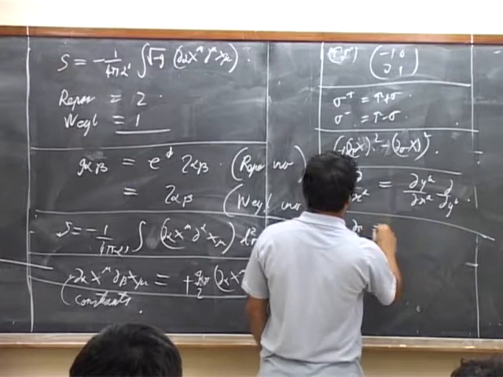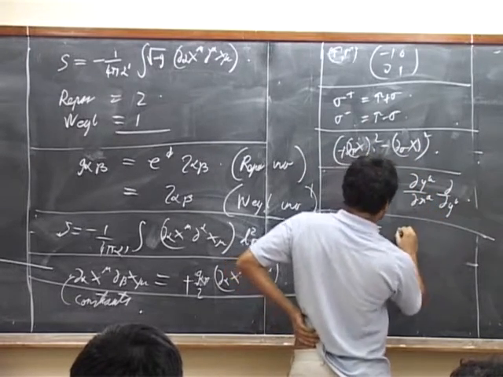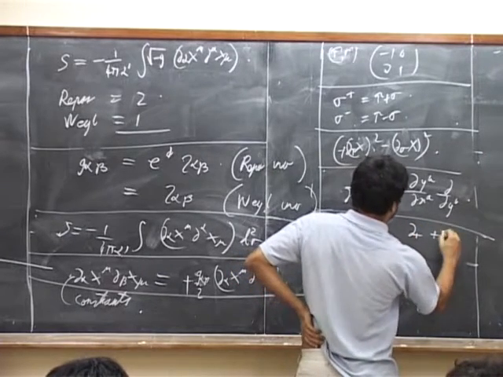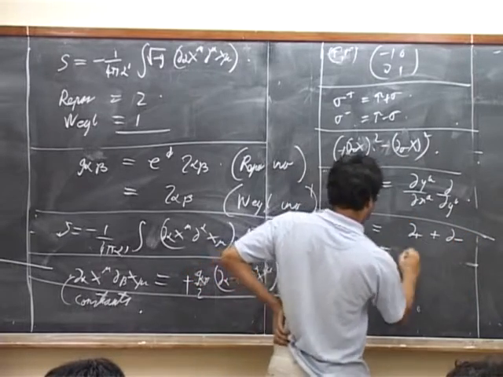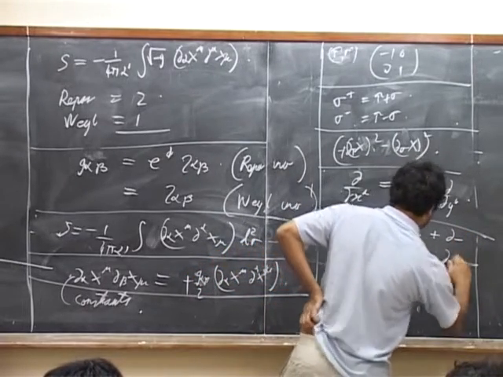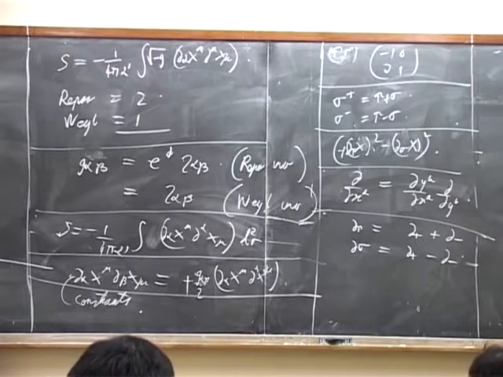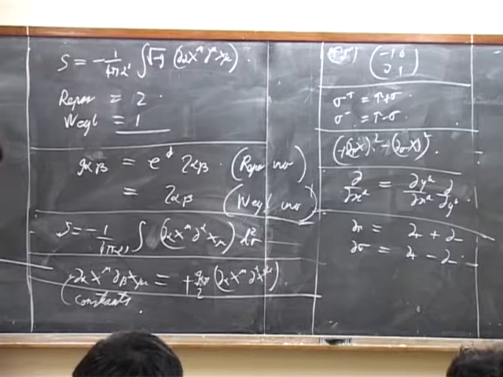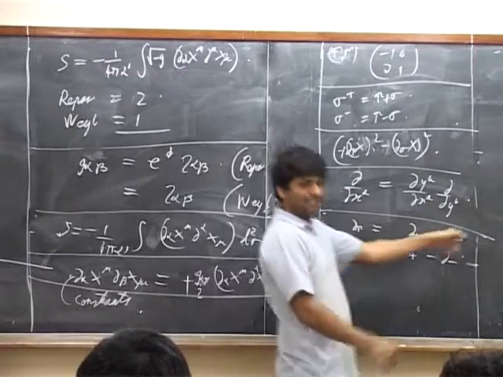We have del tau is equal to del plus plus del minus, and del sigma is equal to del plus minus del minus. Right, because del sigma by del tau is 1, del sigma plus by del tau is 1.